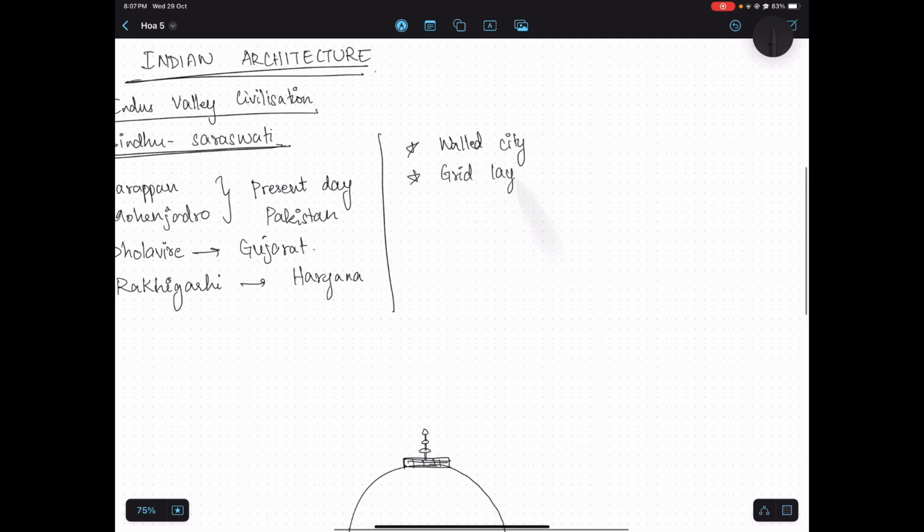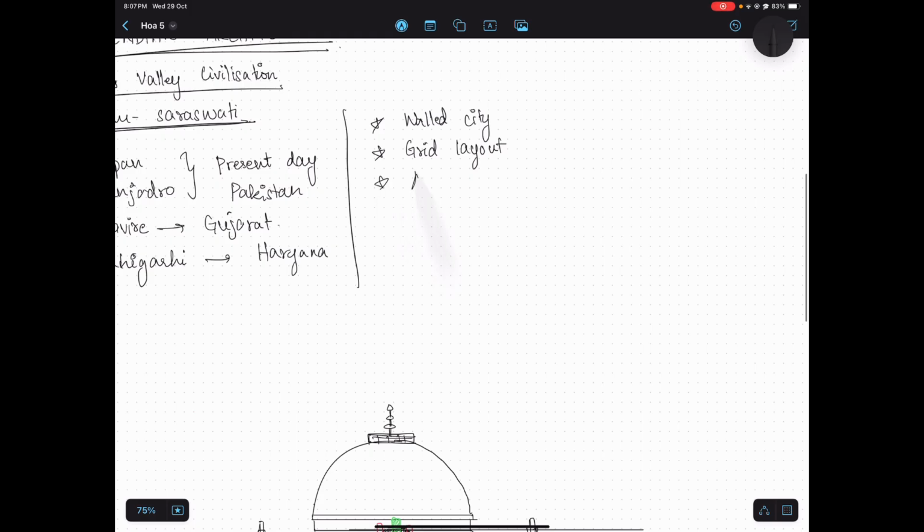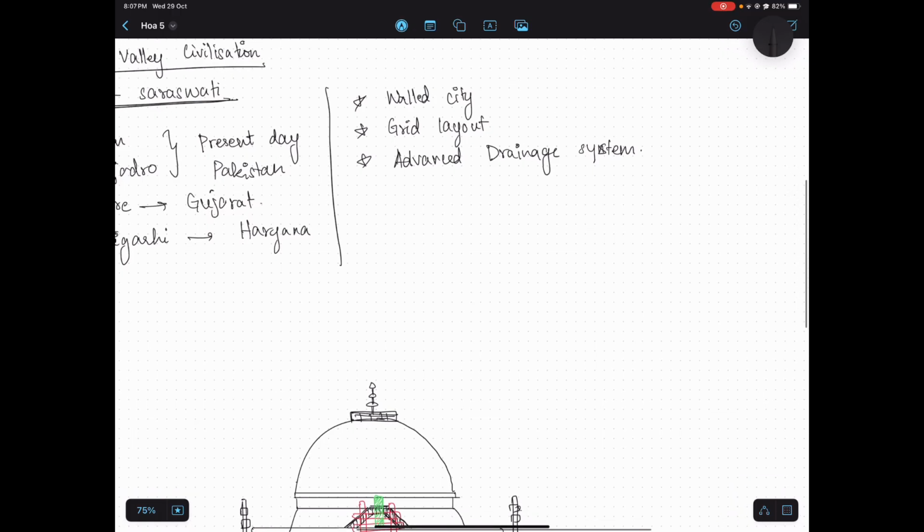The planning of the city was based on a grid, and they had an advanced drainage system, where all the residential drainage is connected to a smaller line, and then that is connected to the main lane. They had private wells and bathrooms.